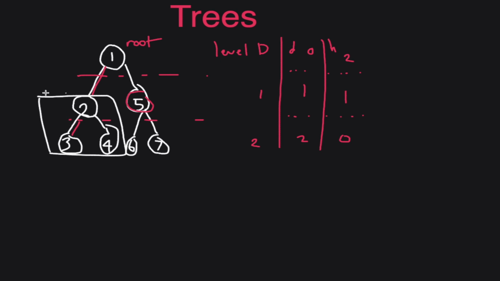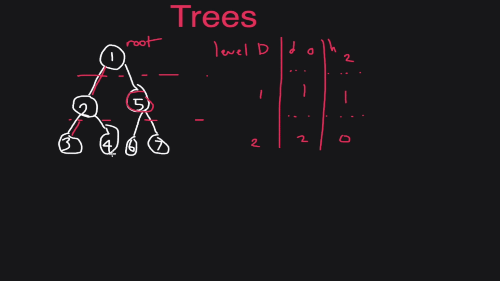So if you consider this subtree here, we can see that this is full because the node has both of its children. And it's also full because even though 3 and 4 don't have children, they don't have any children. So if it had 1 child, that wouldn't be full. Oh, sorry, it wouldn't be full, but it would be complete.